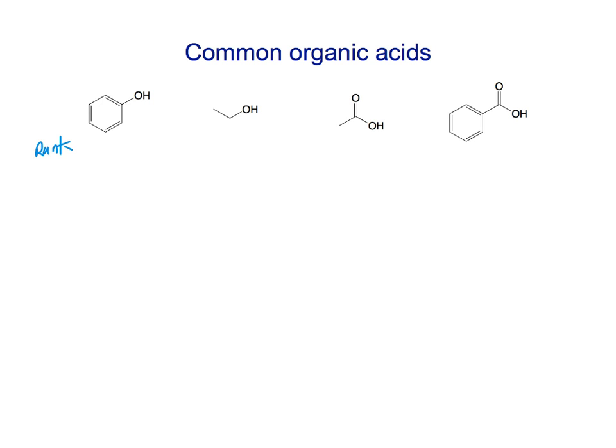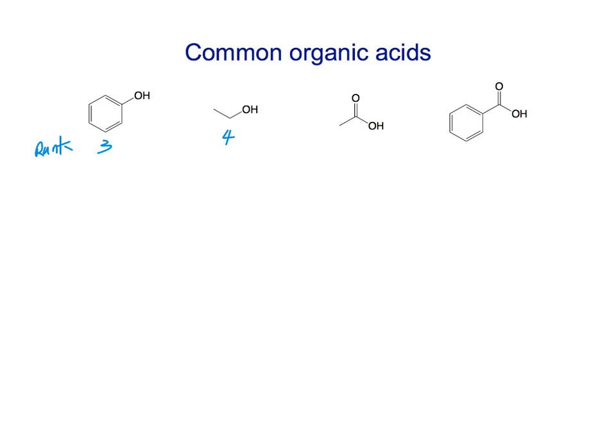We'll rank number 4 first. Okay, so which of these molecules is going to be the least acidic, meaning it's going to have the highest pKa value? Ethanol, right? So ethanol has the highest pKa. Okay, we'll talk about why in just a second. Okay, which do you think is next? Phenol. Phenol is actually next.